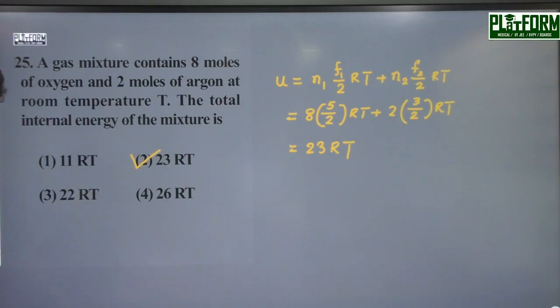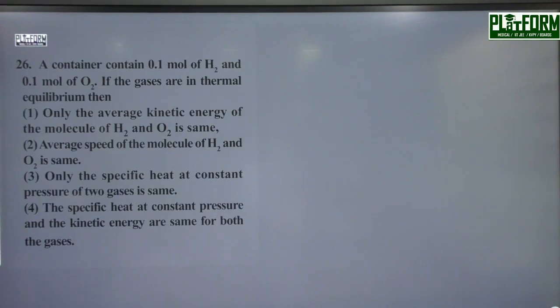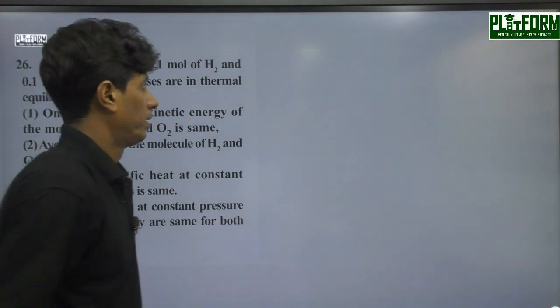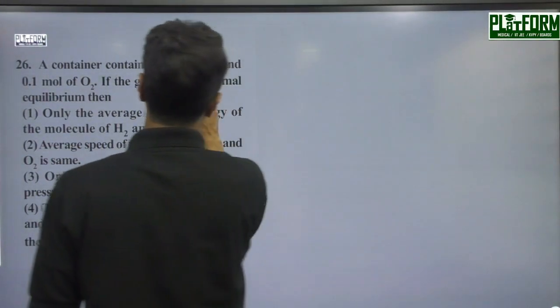Let us see what is the next problem. A container contains 1.1 mole of hydrogen and 0.1 mole of oxygen in thermal equilibrium.